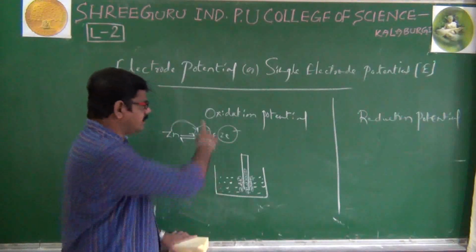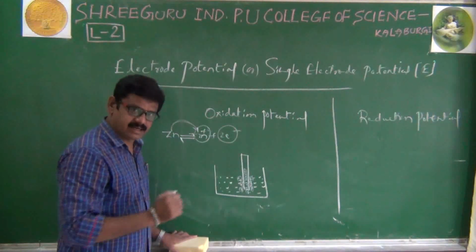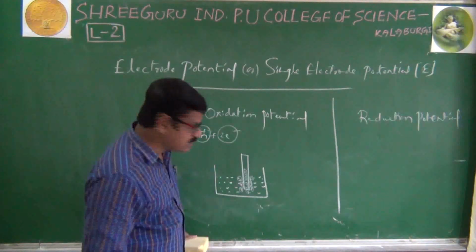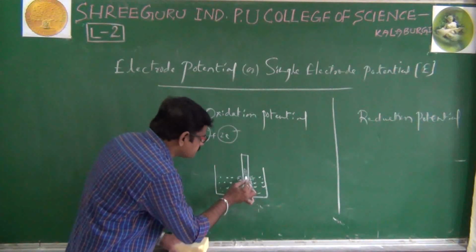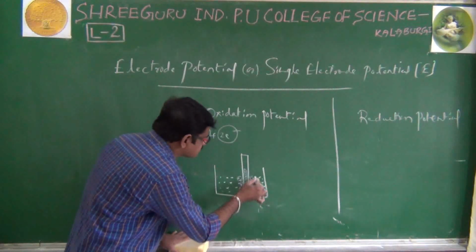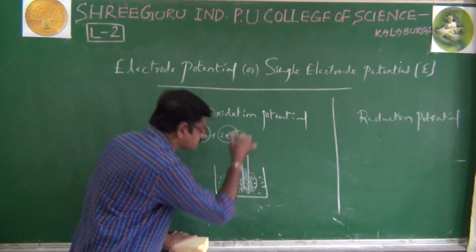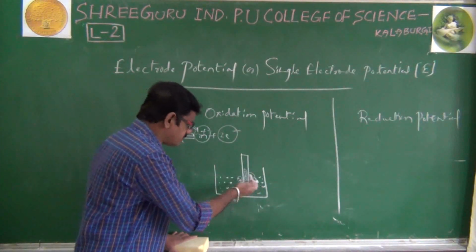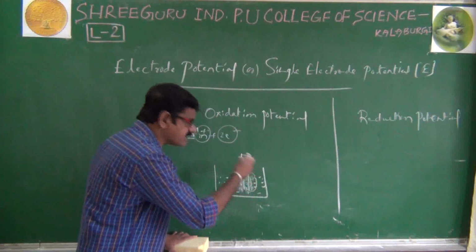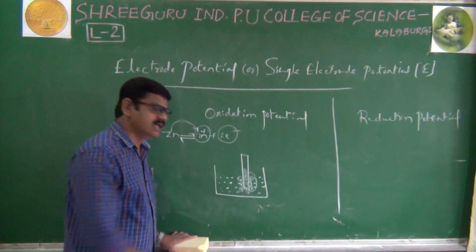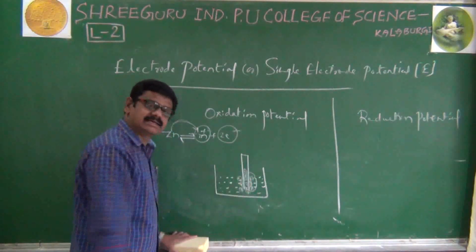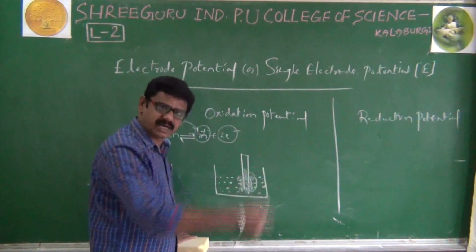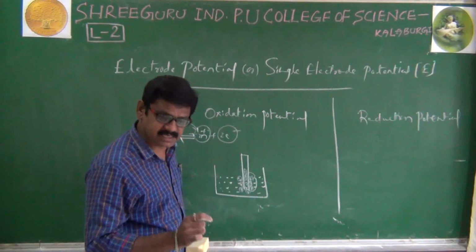At that equilibrium stage, we have to measure the oxidation potential. Why is oxidation potential generated? It is very simple. Here the minus charges and plus charges are adjacent to each other, that is, the electrons and the ions are adjacent. This is called the electrical double layer, or charge separation.